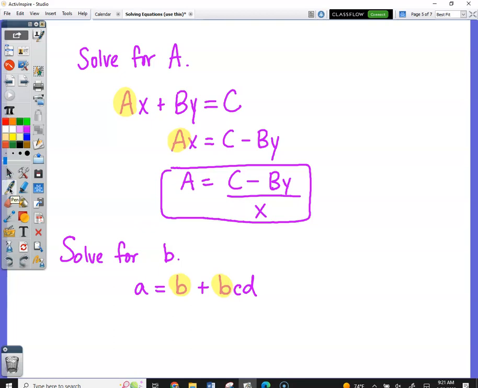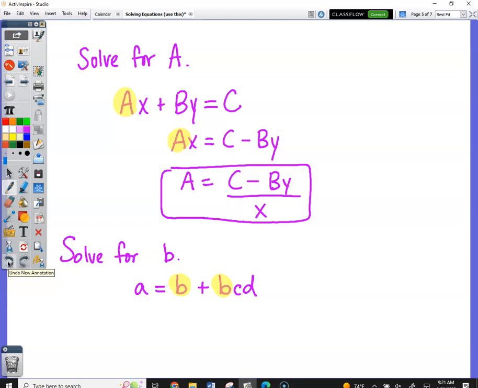You can't add those together, right? If you divide by CD here, you're creating an issue. You're overthinking it. What do they have in common?